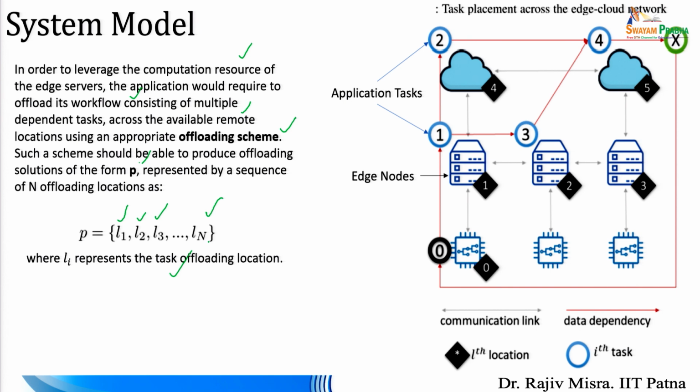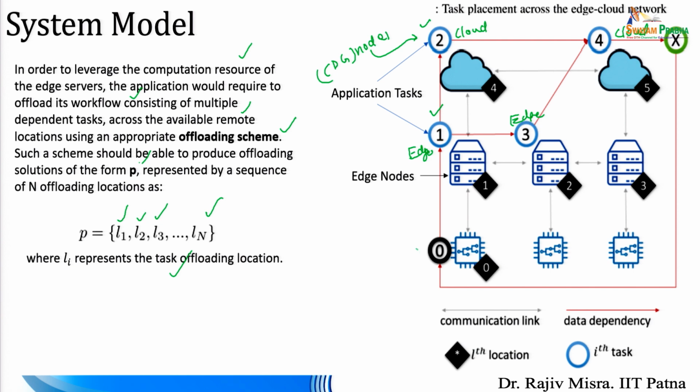So, here you can see that these are all application tasks which we have seen in the form of component dependency graph nodes. That means these nodes are now overlaid or mapped or offloaded into these particular locations. This is location 4, that means it is offloaded to the cloud, and this is offloaded again to the cloud, and one is offloaded to the edge, and this is also offloaded to the edge.